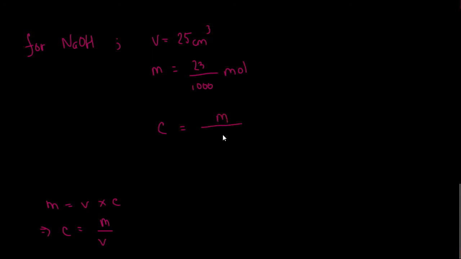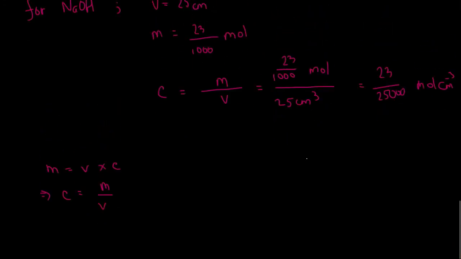So it's 23 by 1000 mole divided by 25 cm cube. Whatever this value is, the unit is going to be mole per cm cube. So let's say this is 23 divided by 25,000, mole per cm cube.